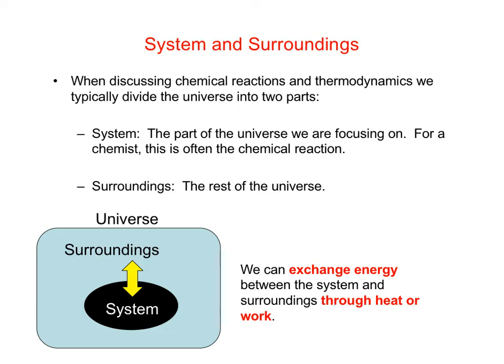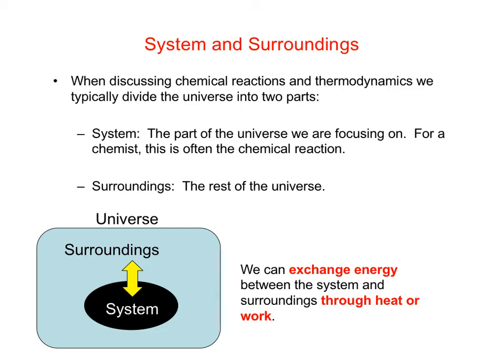What we look at is how energy is exchanged between the system and the surroundings. And we know the two ways that energy can be transferred are through heat or work. Because of the law of conservation of energy, energy can't be created or destroyed. Any energy gained by the surroundings must have been lost by the system, or any energy lost by the surroundings must have been gained by the system.